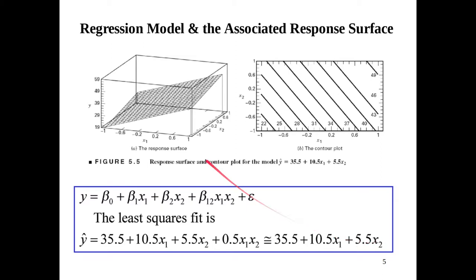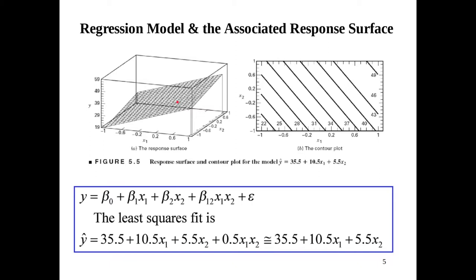We can create the response surface plot, a three-dimensional plot. We have x1, factor A, on this axis, factor B, x2, on this axis, and our response variable on that axis. If you look at this plane, this is a flat plane. That's another indication that there is no interaction effect, because the surface is flat.